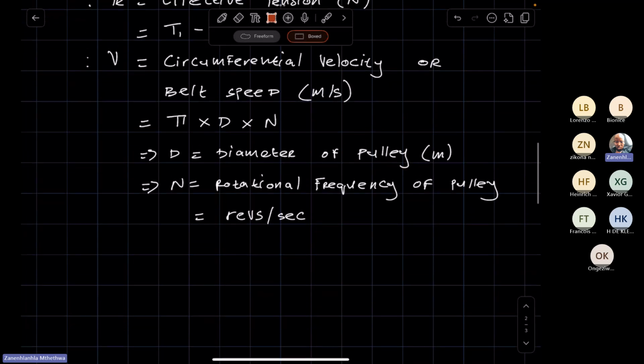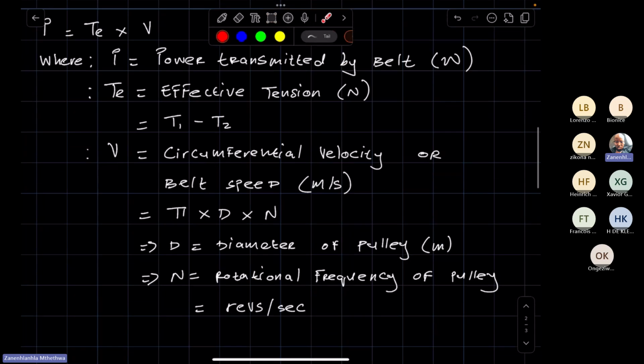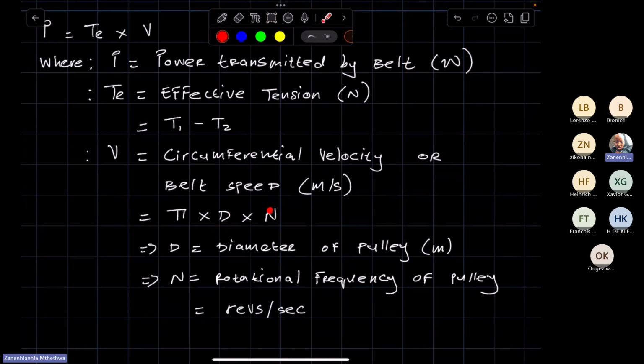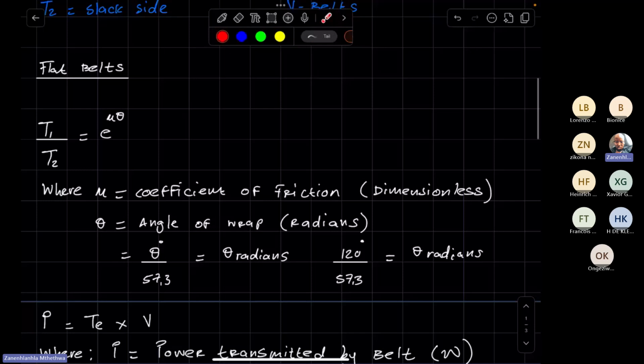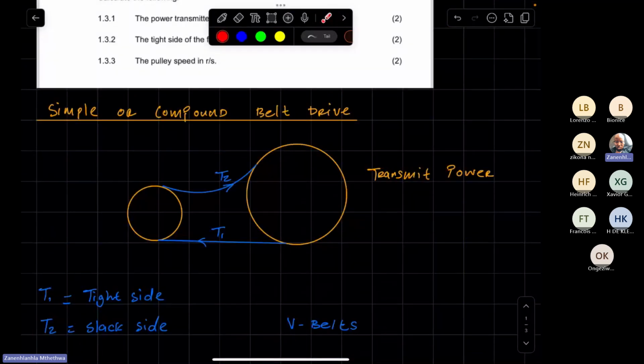Now, as far as which diameter or which rotational frequency you substitute here, you have two pulleys. Both pulleys have their own diameter, and each has its own rotational frequency.